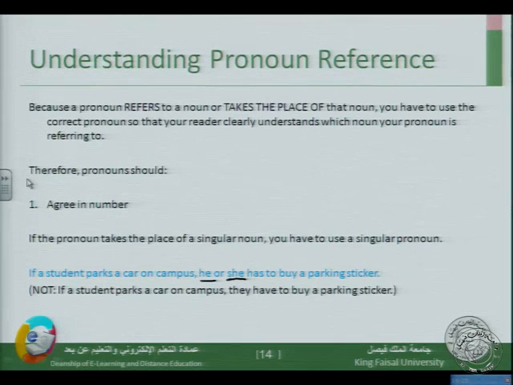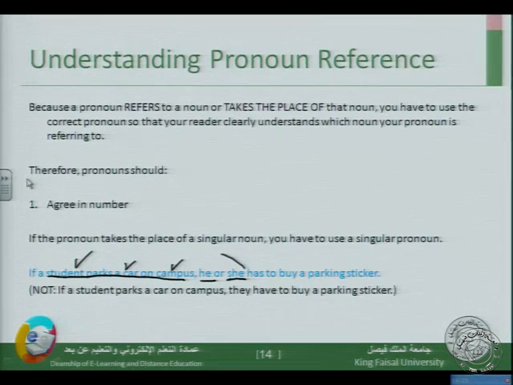Now, in this case, usually when someone asks you about pronoun reference, you need to go back and look at this sentence. You need to look at a singular noun. How many nouns are in this sentence? We have campus, we have a car, and we have a student, right?